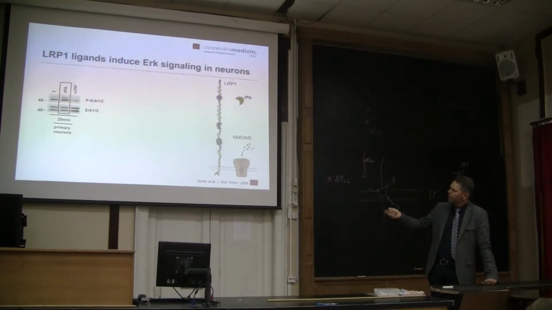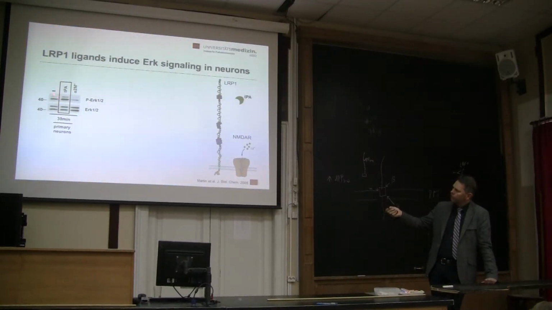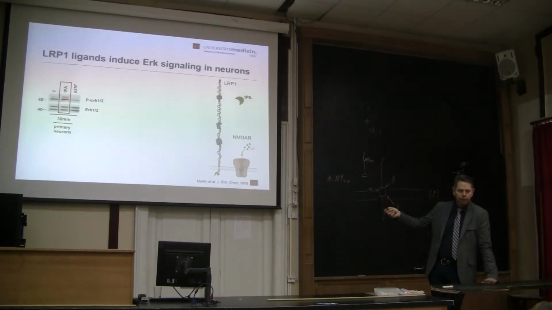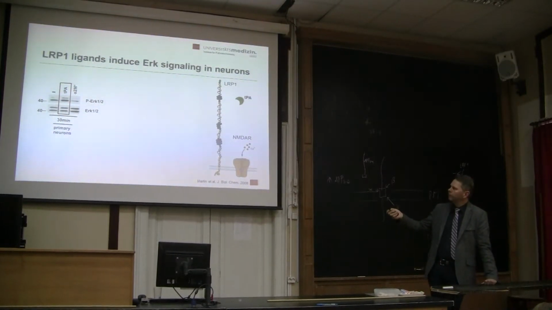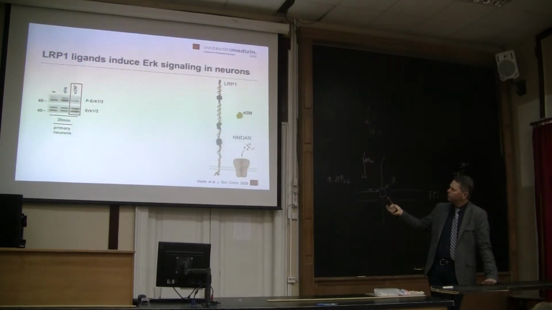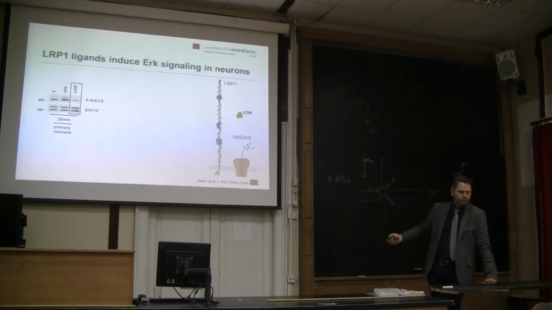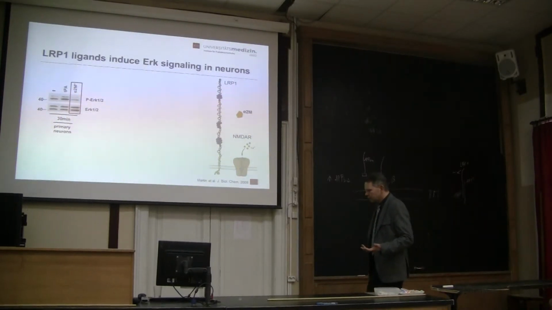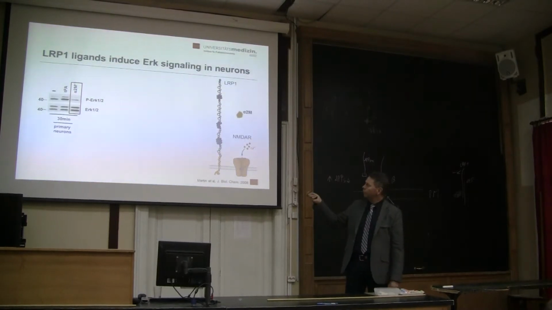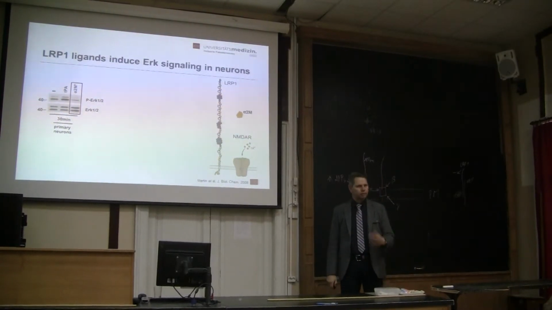So what you can see here is when we add nothing to neurons, you have this amount of phosphorylation of the ERKs. When you add TPA, indeed you have downstream signaling, which was described in that paper. And if you add alpha-2 macroglobulin, a completely different receptor, you have nothing. Okay? So that means TPA can do it, alpha-2 macroglobulin cannot do it, although both of them should be ligands to LRP.